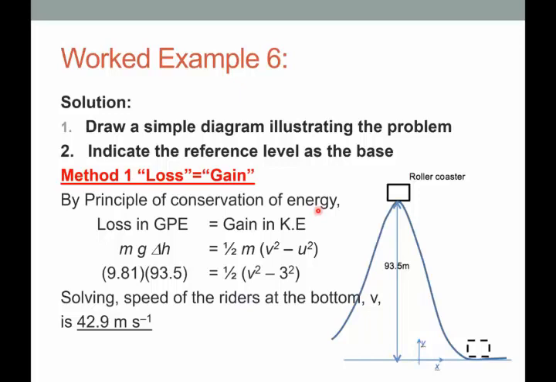So when the coaster descends from its maximum height to the base of the roller coaster, it loses the GPE of mgh. At the same time, it gains in KE, which is given by the equation half mv squared minus half mu squared, which you have seen in the derivation of kinetic energy.